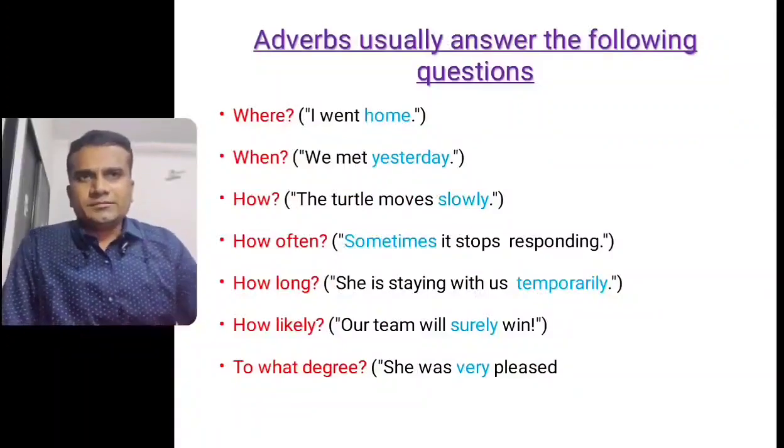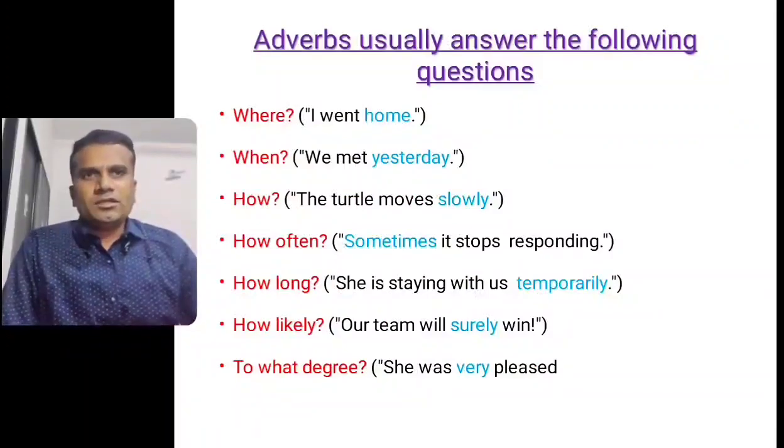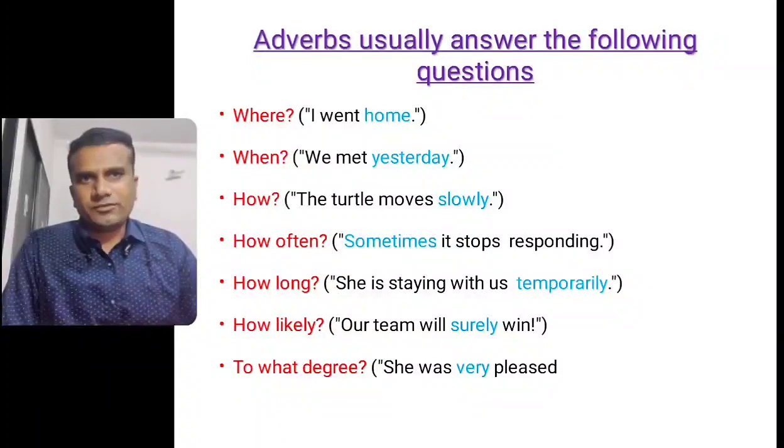In this slide, you can see how adverbs usually answer the questions asked by the words which are in red color. The first example is I went home. Here, when we ask question using where, you will find the answer is given by an adverb, that is home.